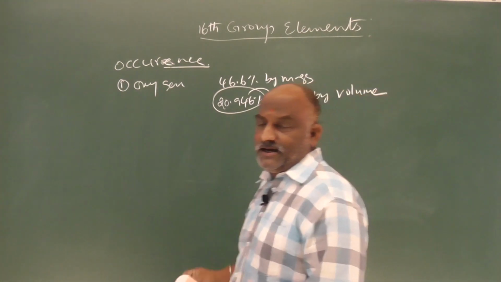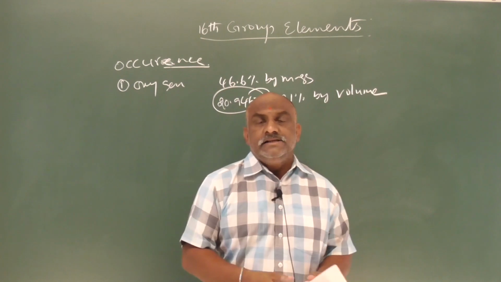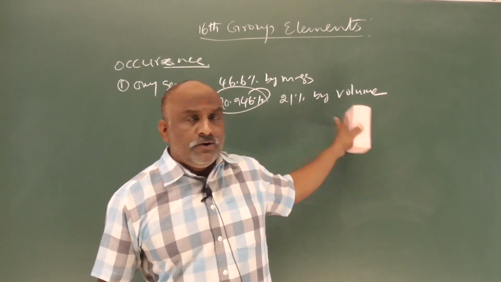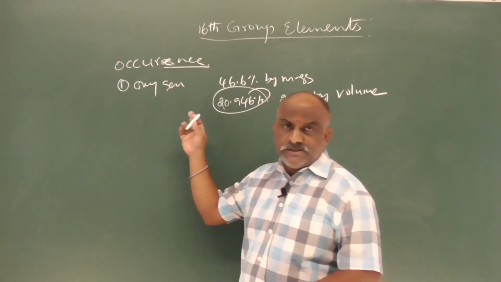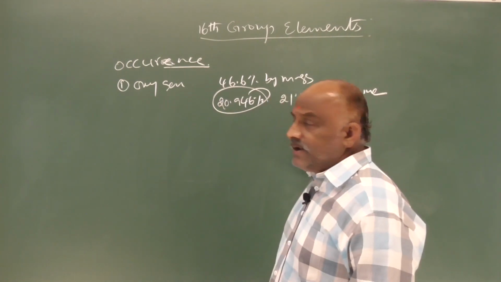In dry air, nearly 21%, that is 20.946%, is oxygen by volume. By mass it is 46.6% in the earth crust.